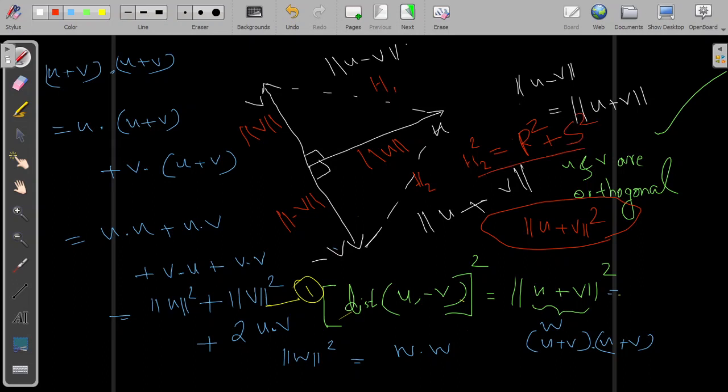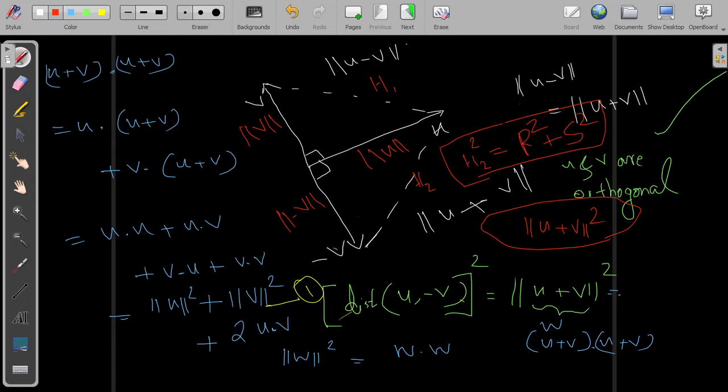So this is our Pythagoras: hypotenuse square is equal to base square plus height square. This is known as the Pythagoras theorem.